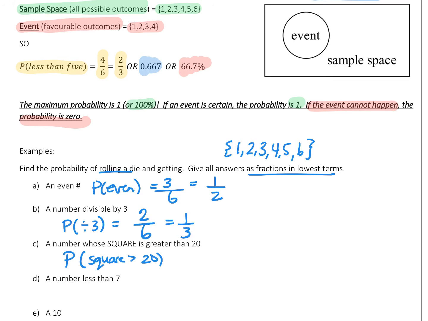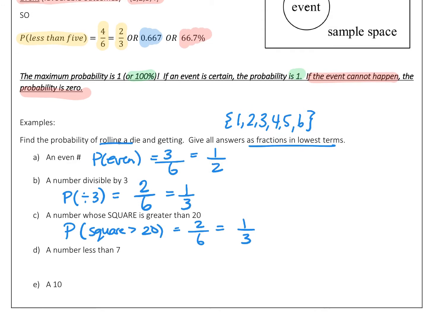That is not larger than 20. 3 squared is 9. Not larger than 20. 4 squared is equal to 16. Not larger than 20. 5 squared is 25. That is larger than 20. So that would be a favorable outcome. And 6 squared is also larger than 20, so that would be a favorable outcome. So out of these 6 possible outcomes, 2 of them are favorable, so that is 1/3.